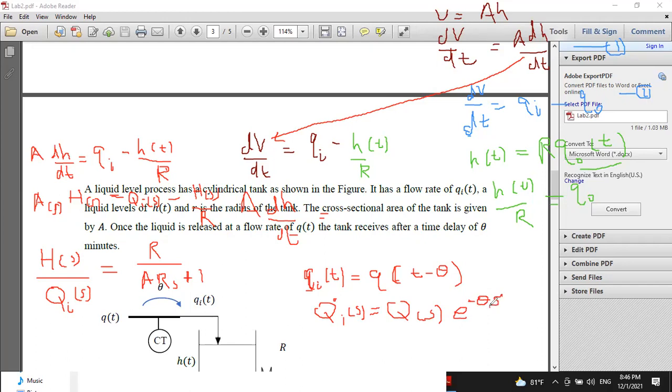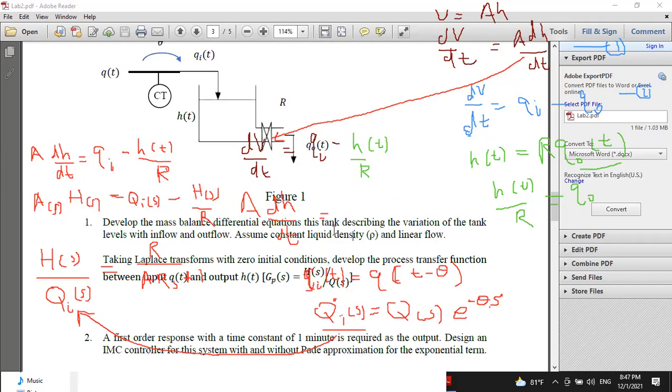Right. So now we have got this. So what we can do is we can go and substitute this qi to this q, right? Because we want it in the format of q, not qi. They have asked us to get in the q.